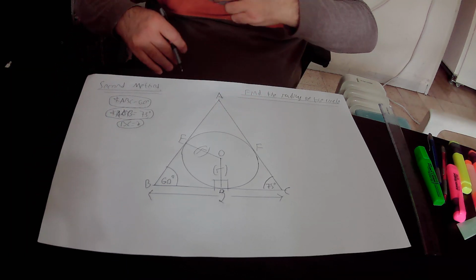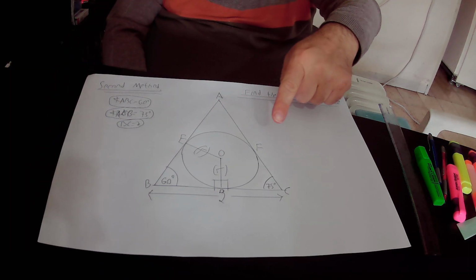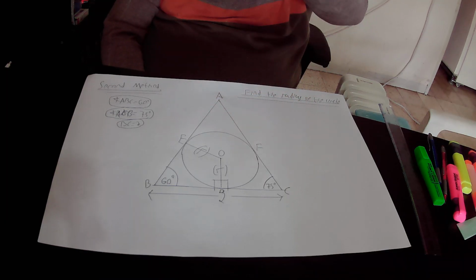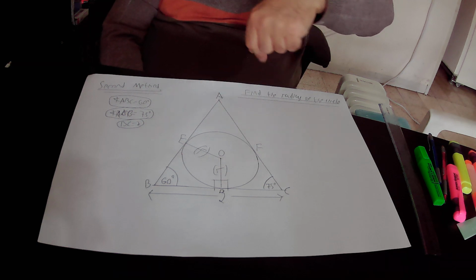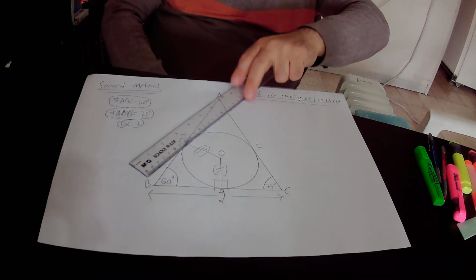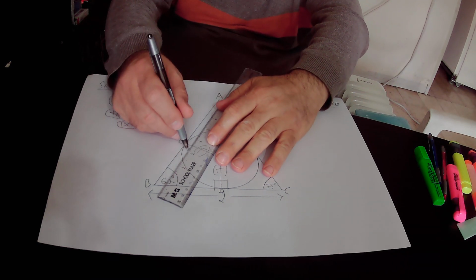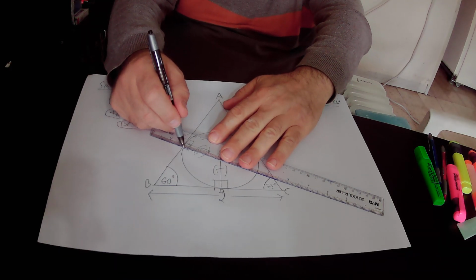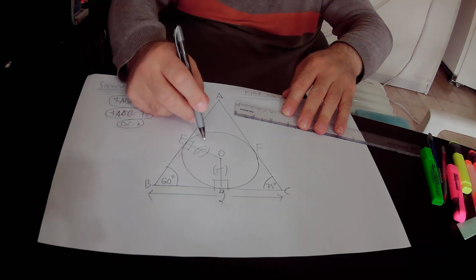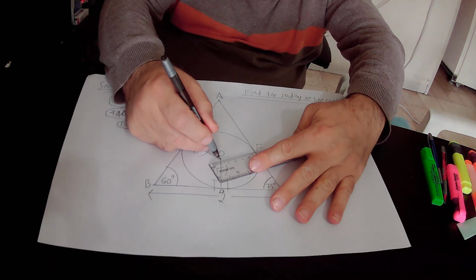Again, we can implement rule number 1. The radius OE is drawn to point E, the point of tangency of tangent AB with this circle. Therefore, this angle equals 90 degrees, and this angle also equals 90 degrees according to rule number 1. We join points O and F together by a straight line.